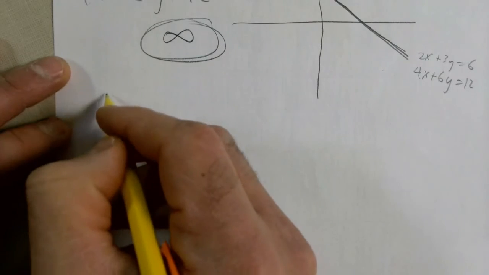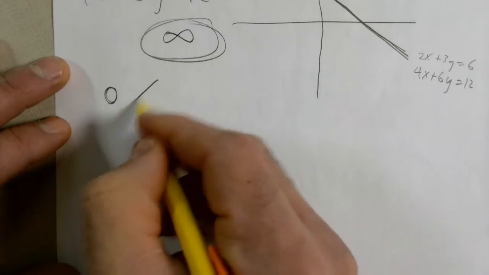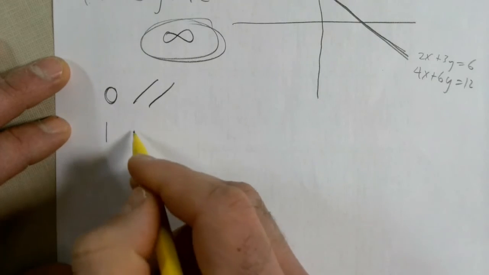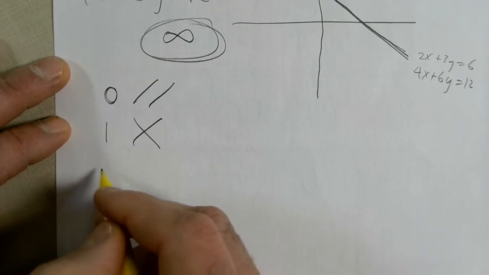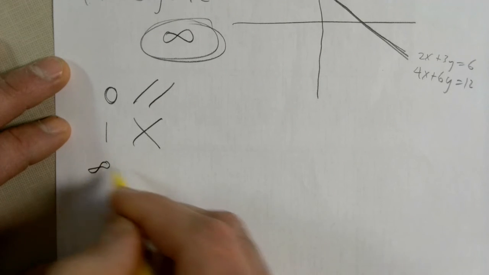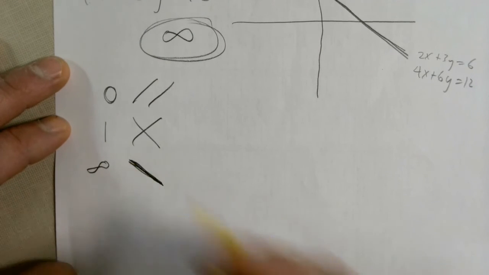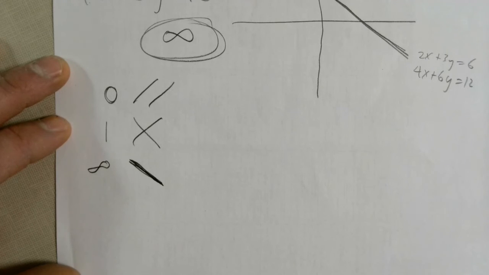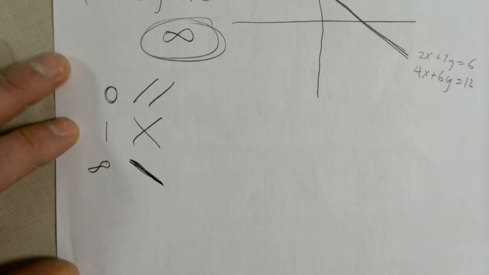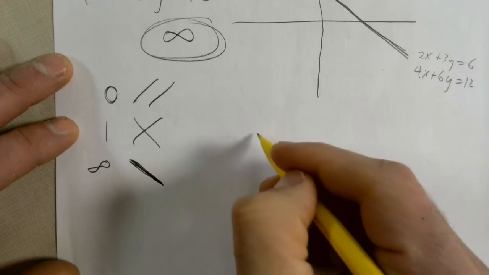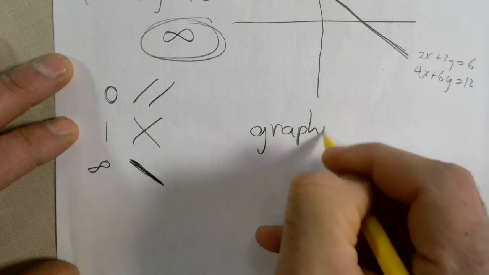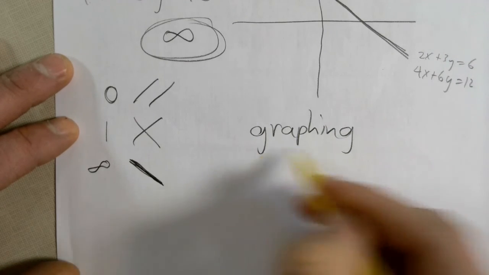So you can see there's either going to be no answers if the lines are parallel, one answer if the lines cross, and an infinite number of answers if they're the same line. Okay? All the examples we've done show you how to solve a system of linear equations by the graphing method. You'll need to graph carefully.